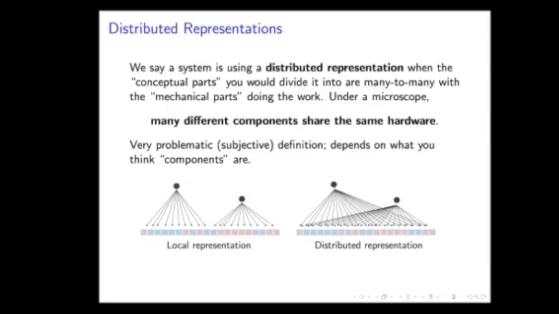And the big problem with the definition, of course, is what do I mean by component? What's a conceptual part of the system? That's in many cases up to subjective interpretation. Maybe sometimes you can argue there's only one natural way to decompose it, but in general, that's not going to be obvious a priori.